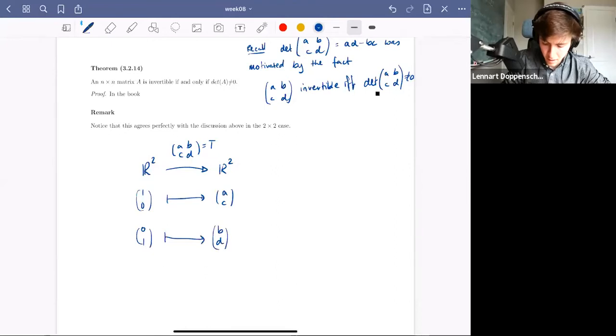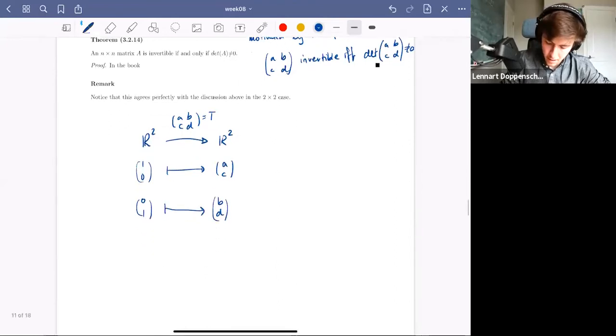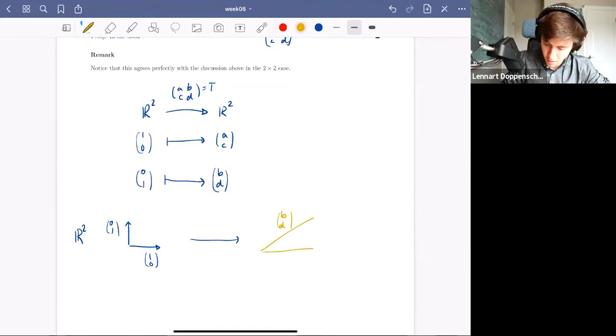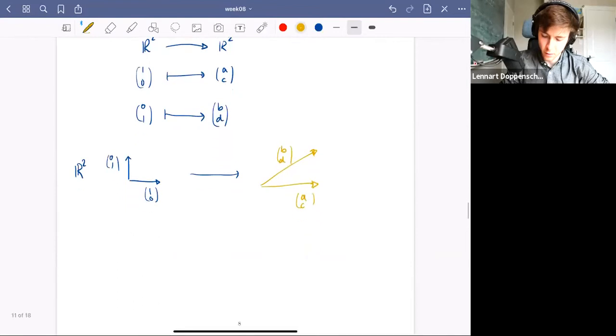Then you can think about this graphically as sending the standard basis, which is 0, 1 and 1, 0 in R2, to some other vectors, AC and BD. And this is invertible if and only if they're non-parallel.